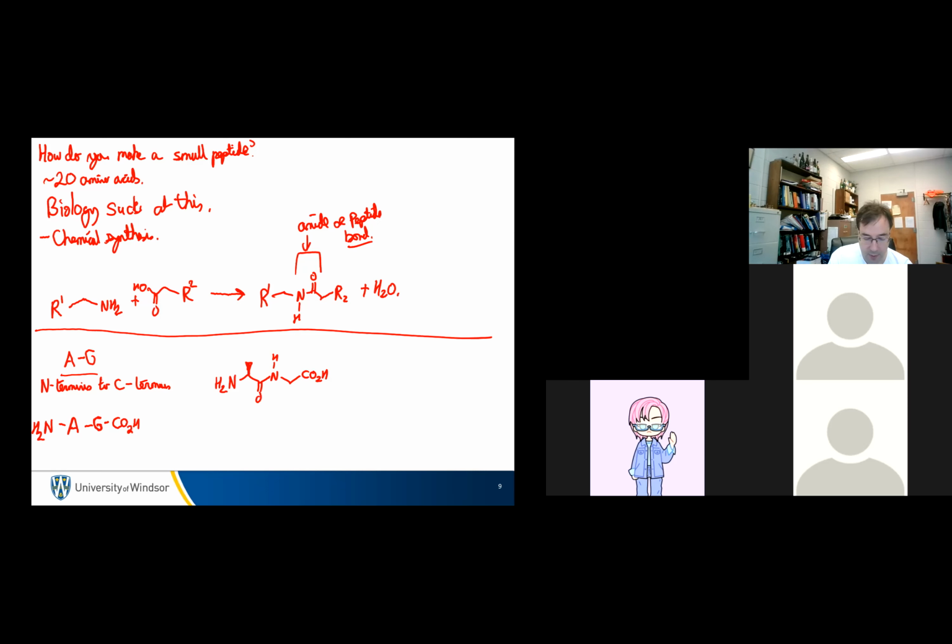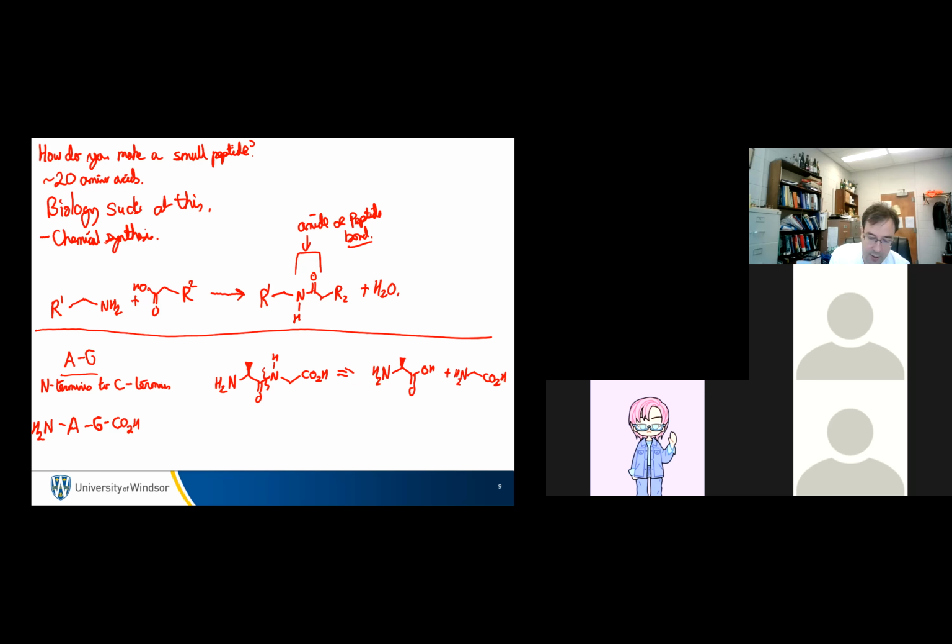So I want to make this my peptide bond. I want to do a disconnection there. This came from alanine and glycine. Okay, so that retrosynthesis arrow is relatively simple.